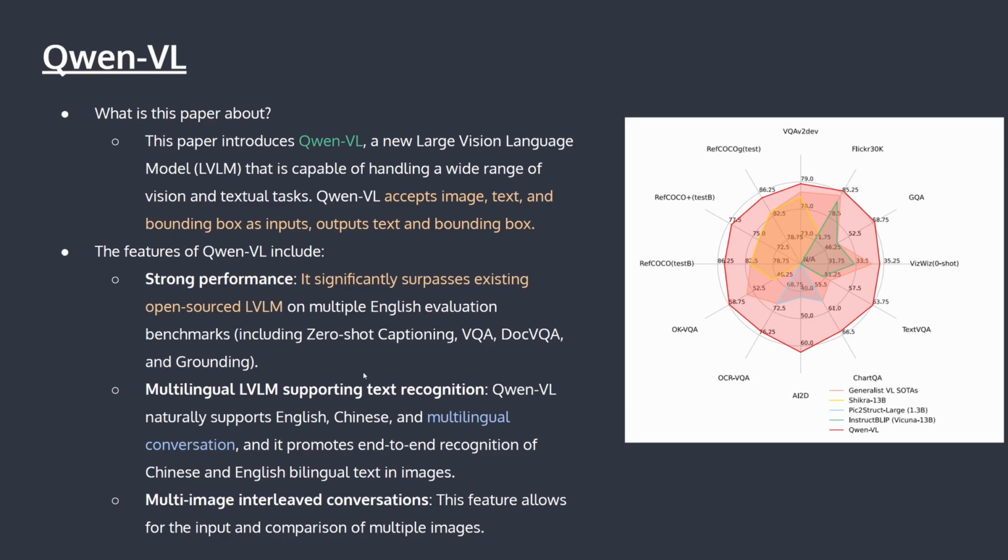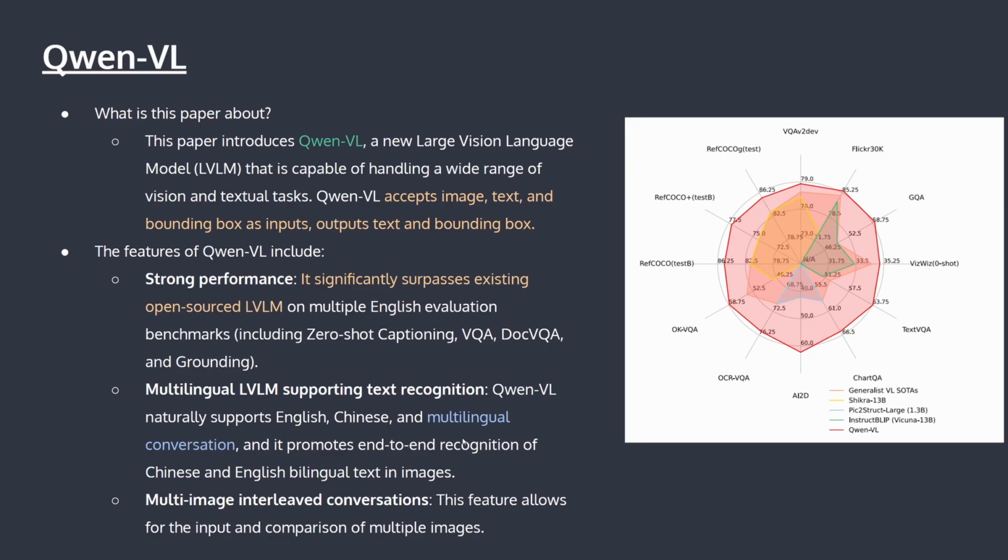And it's also important to note that it supports Chinese as well, along with English. So that's actually pretty huge because some of these models are only capable of handling English. And this model outperforms those models while being capable of handling Chinese as well.